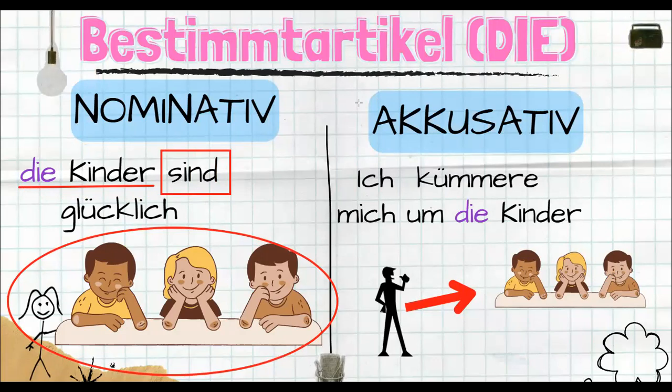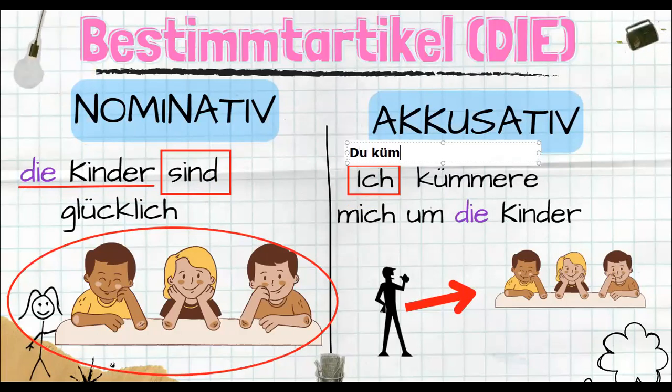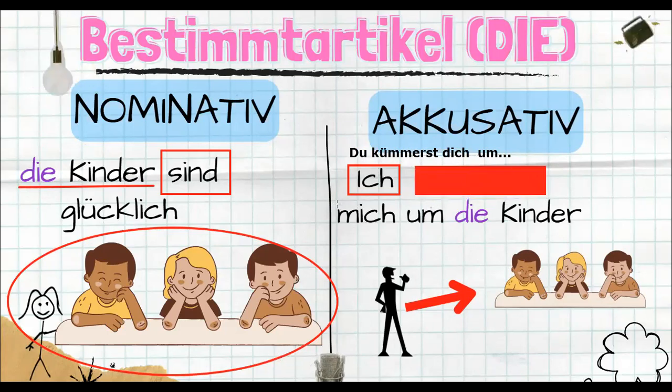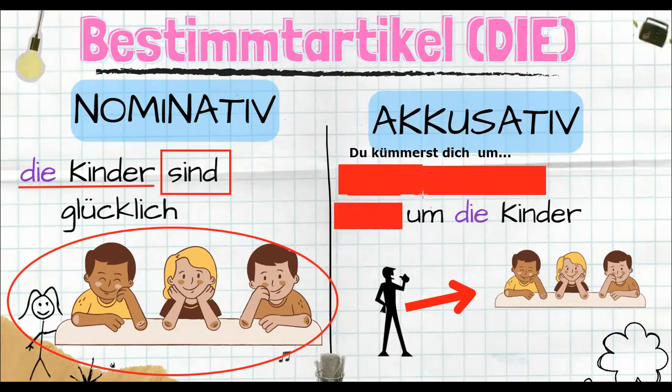So remember, guys, there must be a subject. We can change that. We can say "you," for example: Du kümmerst dich um die Kinder. But remember, in German, if you switch the subject, you must conjugate the verb and all the elements. Hashtag Deutsch. I know you're smart. I know you can handle this.